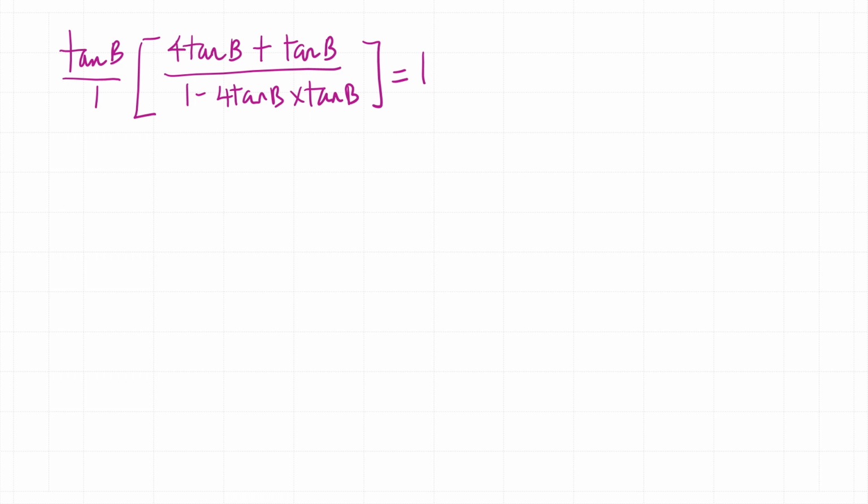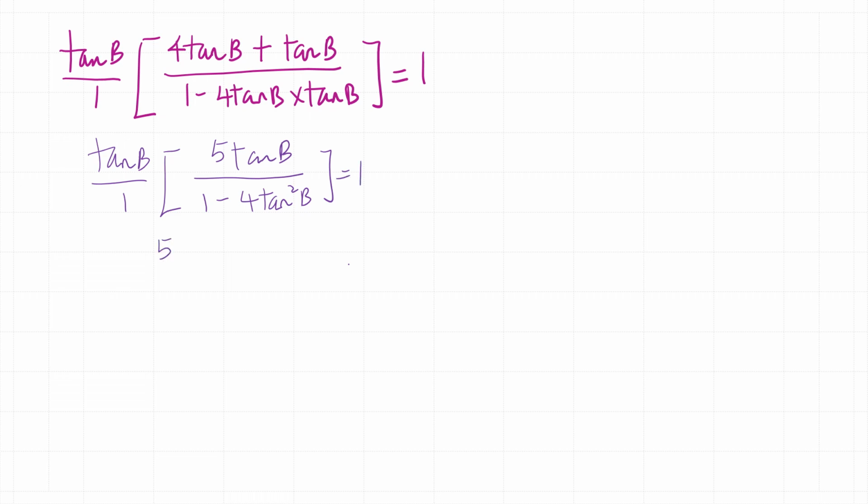Right, let's continue on what we have left in the earlier slide. Right, so I have substituted tangent 2a to be 4 tangent b. So let's continue to simplify it. So 4 tangent b plus tangent b will give you 5 tangent b. And then 1 minus 4 tangent b times tangent b will give you 4 tangent squared b. Right, so you multiply the numerator, multiply the denominator.